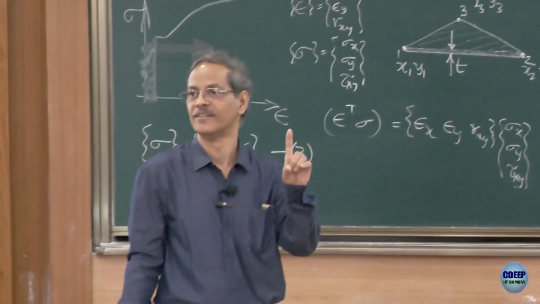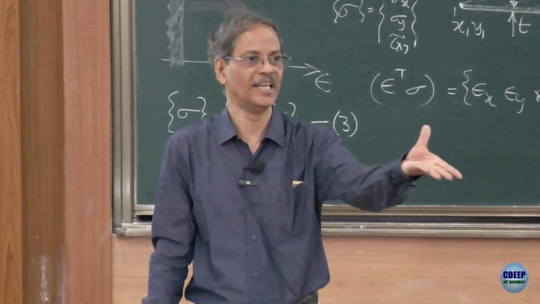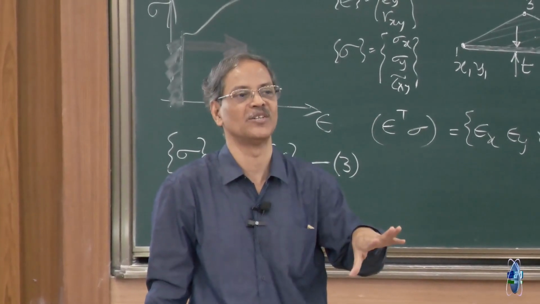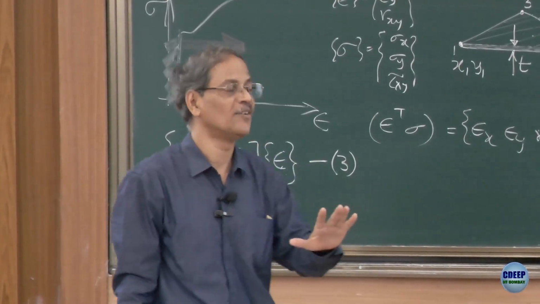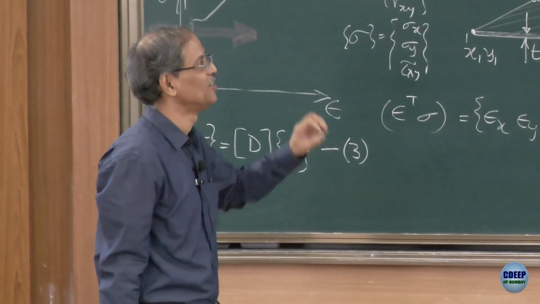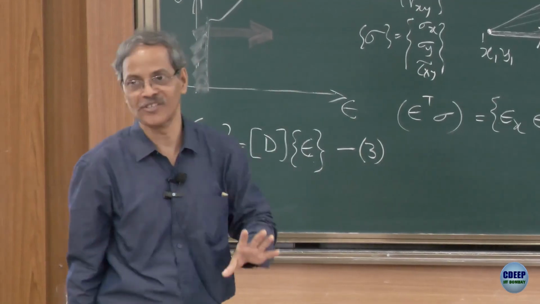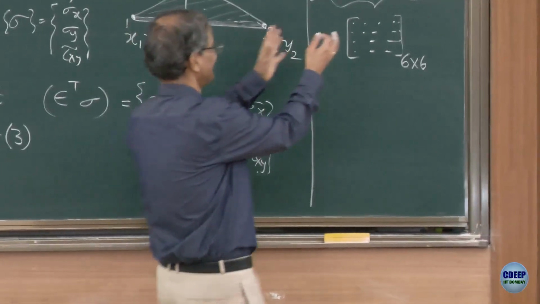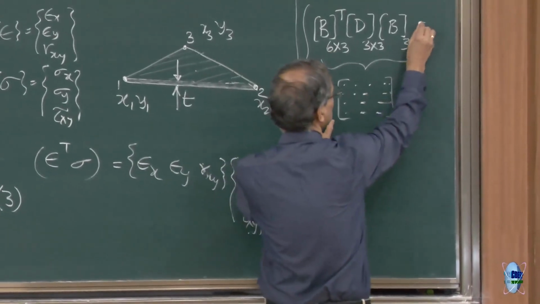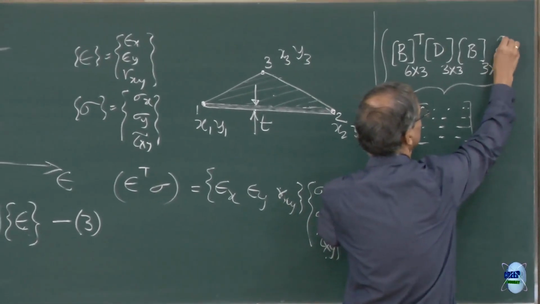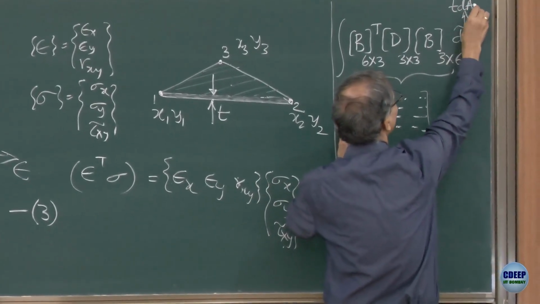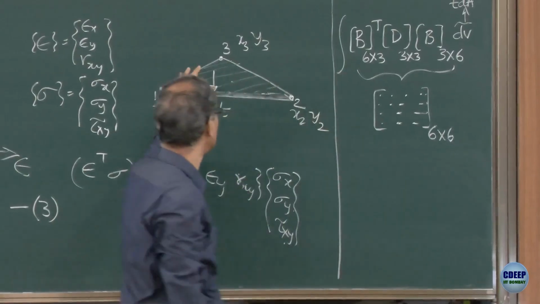For any problem, I may need many elements. So for each element, I have to do these 36 integrals. Fortunately for us, with this element, B and D being constants, everything becomes a constant. So dV is actually T into dA, because nothing changes over the thickness.